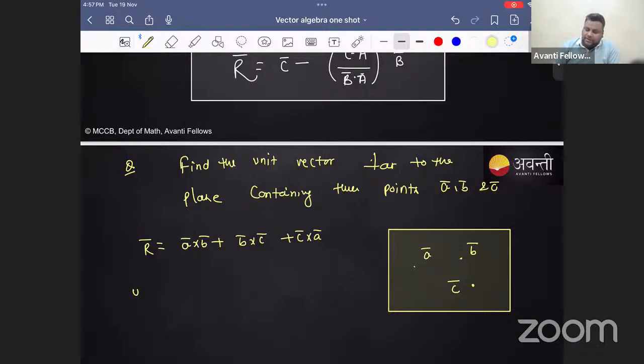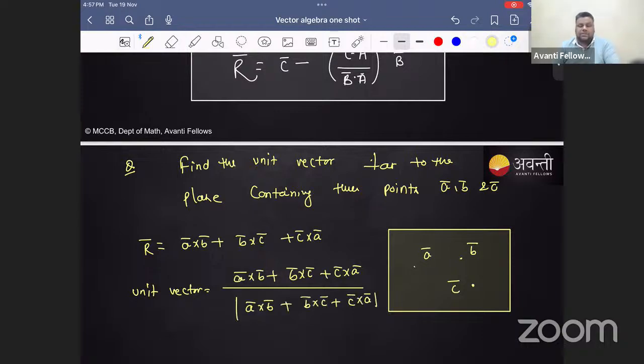Now the unit vector will be A cross B plus B cross C plus C cross A upon magnitude of A cross B plus B cross C plus C cross A. Got it? So this is how. Also, we will put a plus minus sign outside. Got it?